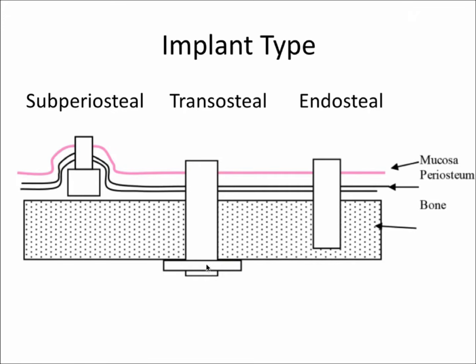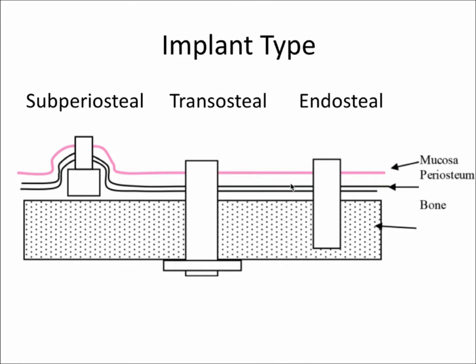You drill this one through the inferior border of the mandible and into the oral mucosa. Usually they involve 2 to 4 transmandibular implants in order to support a larger framework. Again, these are very rare, it's a very involved surgery, and they do not have great success either.